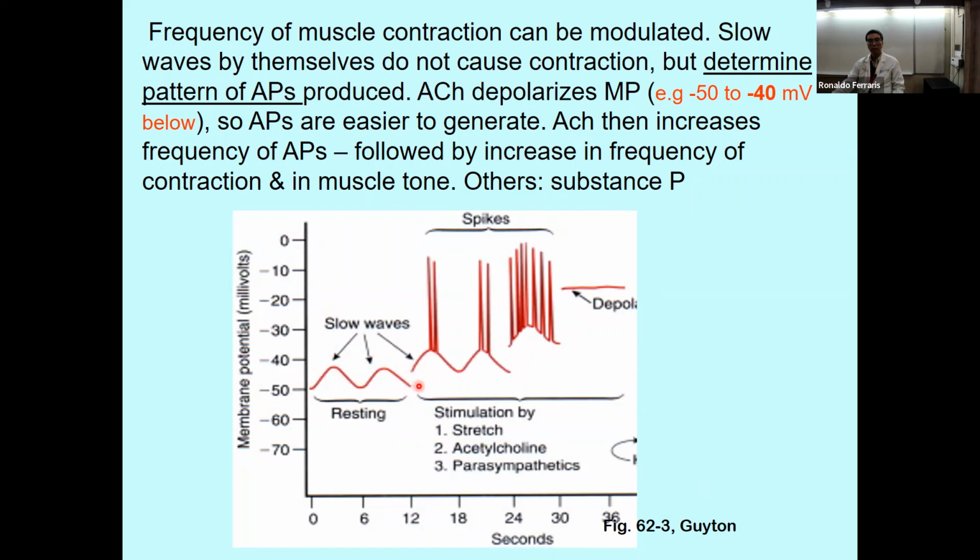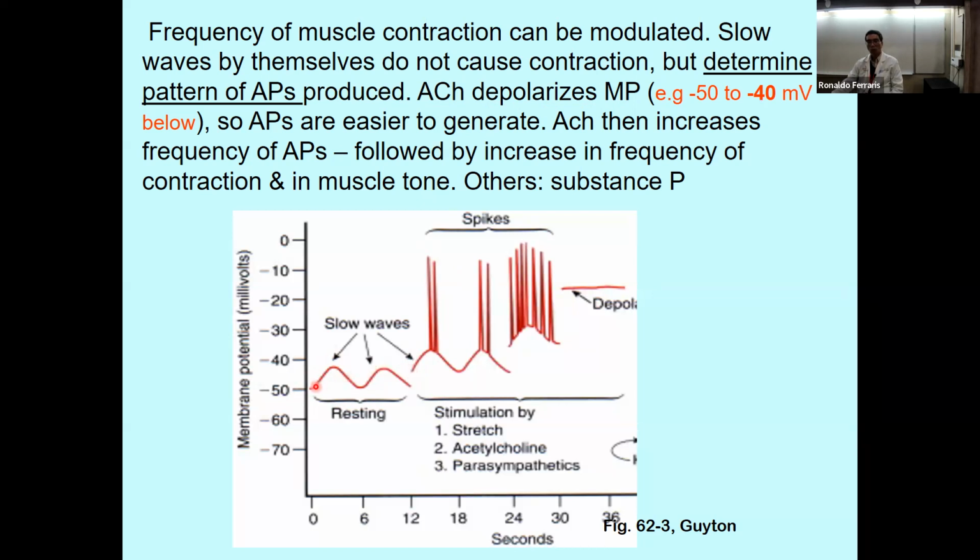And then you release ACH, acetylcholine, on those smooth muscles. What it does is it depolarizes the membrane potential, so that in this case, the trough of the wave is -50, and here it's about -42 or about -40.